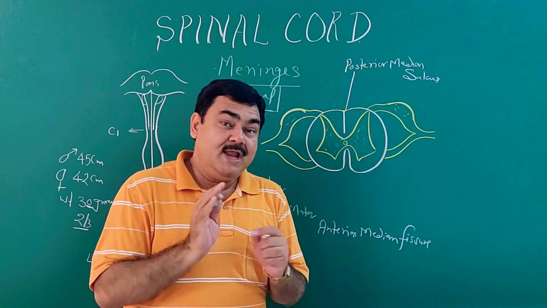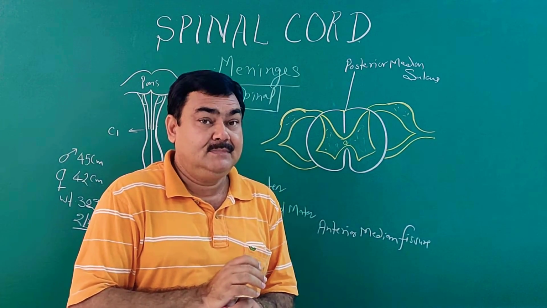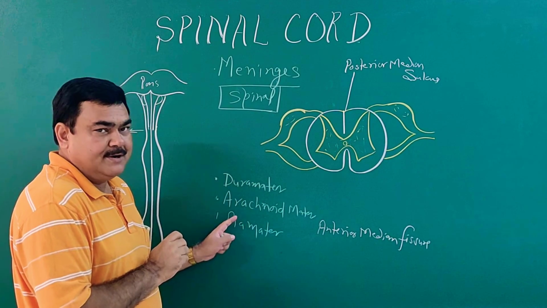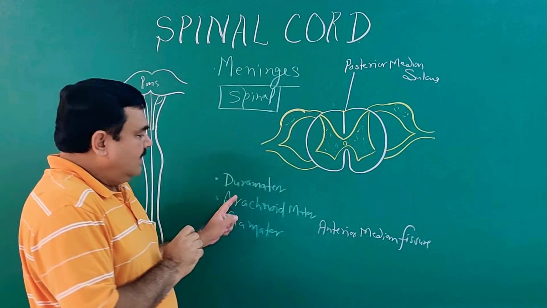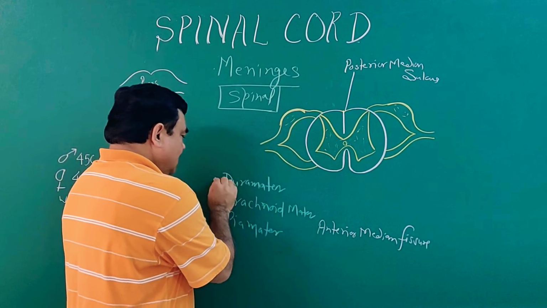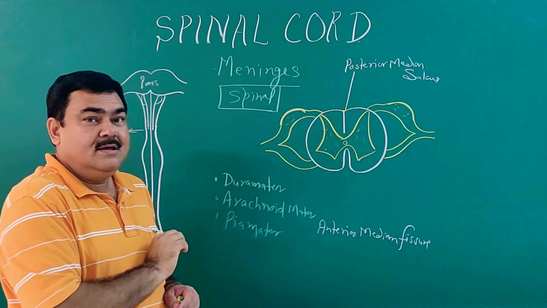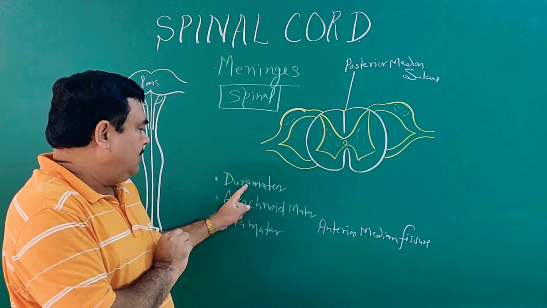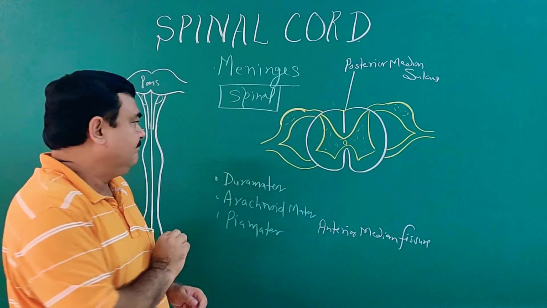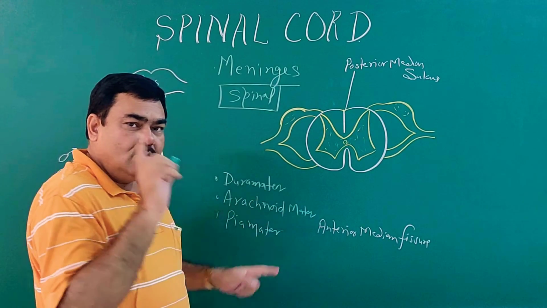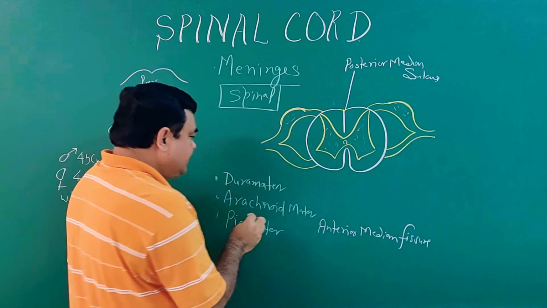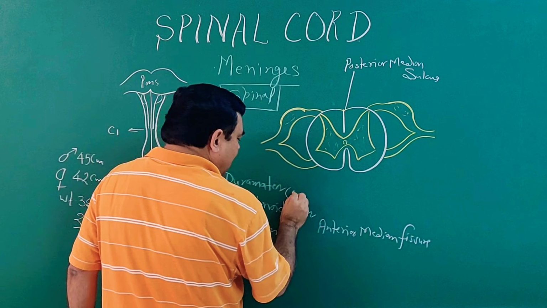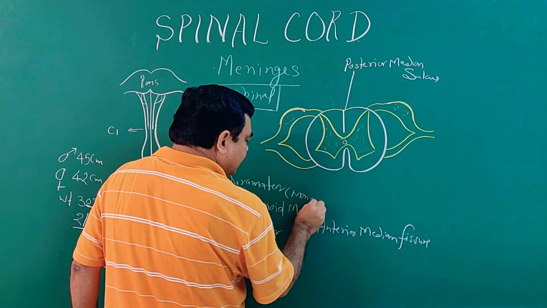And as you know, the brain is covered by three layers: dura mater, arachnoid, and pia mater. Here there is a slight difference in the dura mater. Here the dura mater is only one layer, that is the meningeal layer.